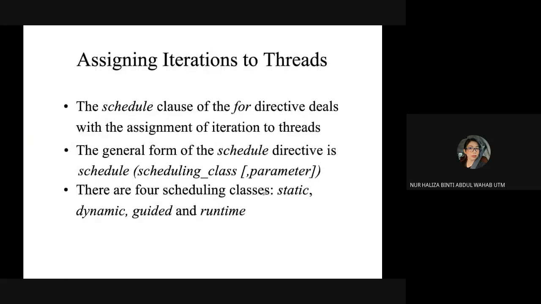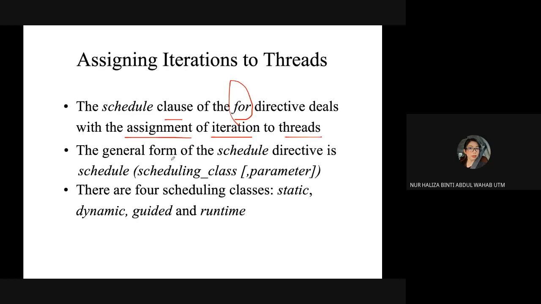Okay, now we're going to move on to how you're going to assign iterations to your threads. The schedule clause of your for directive deals with the assignment of iterations to threads.